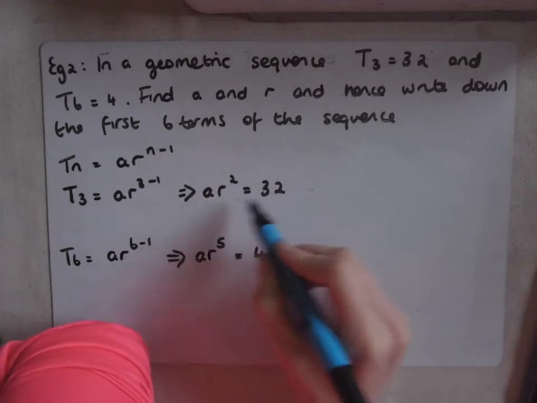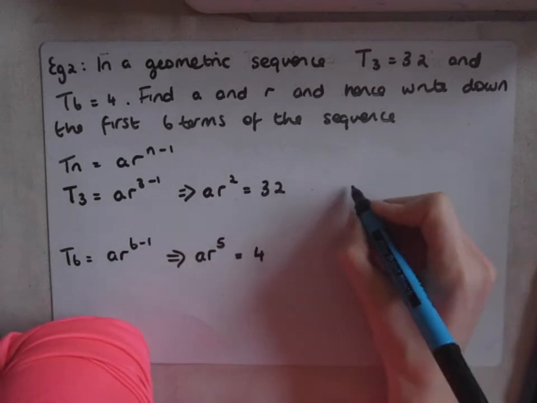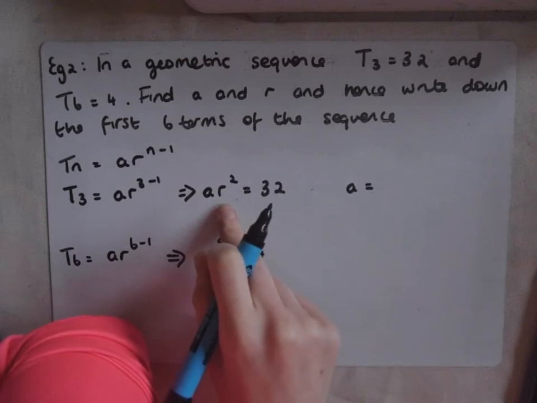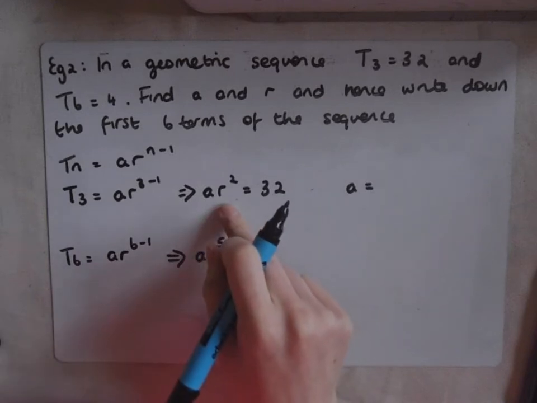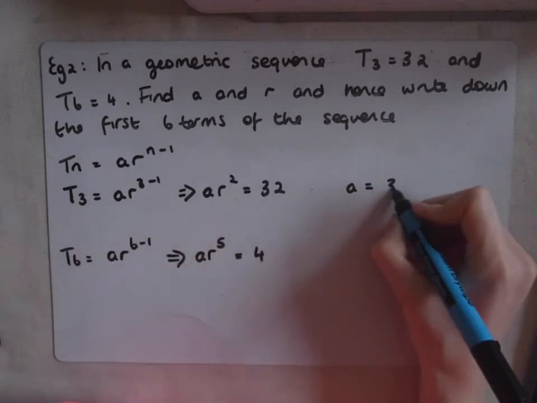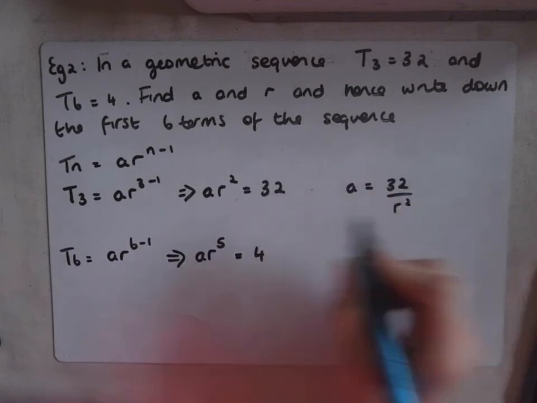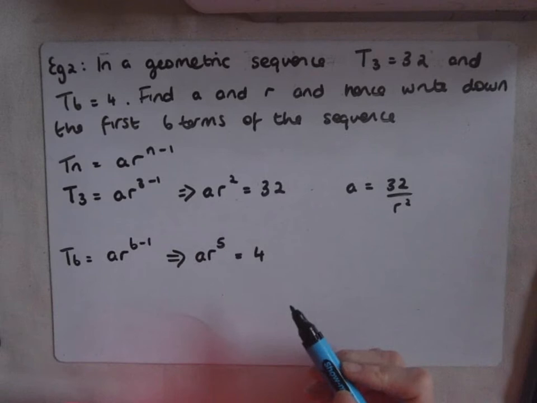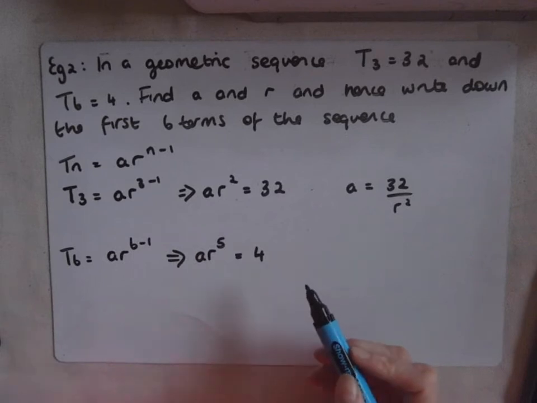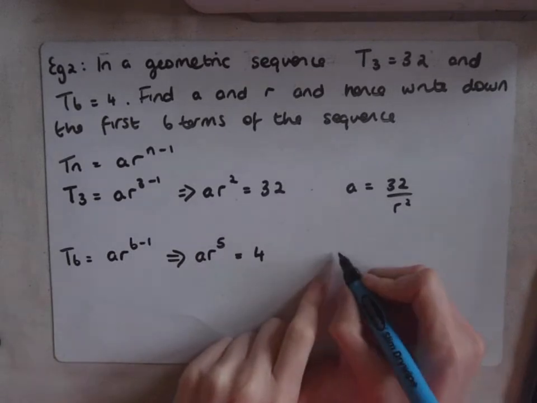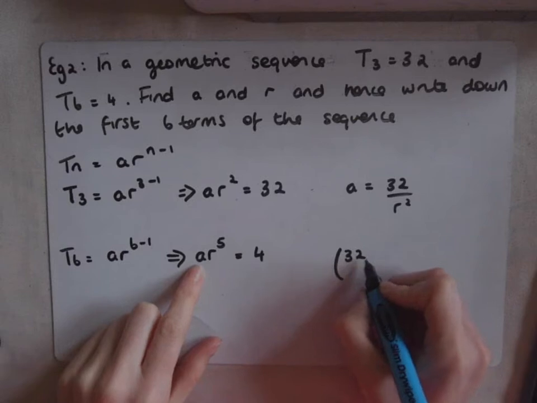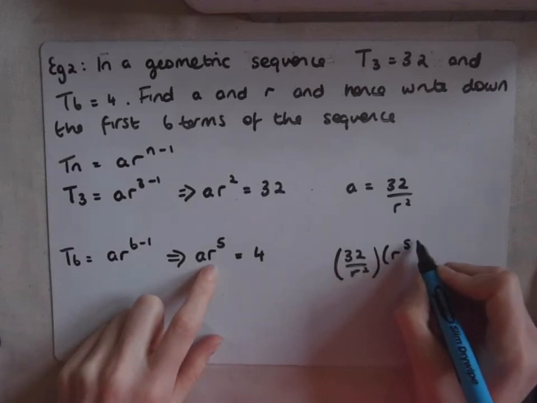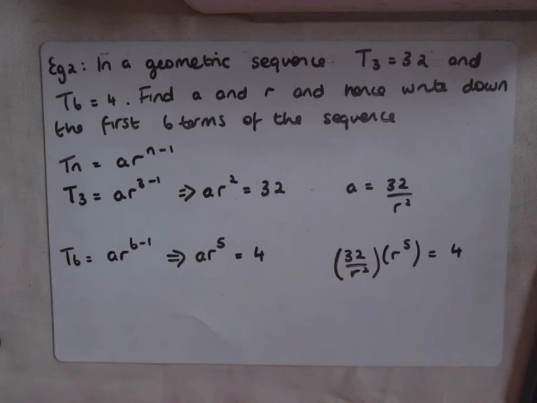So in this one, I'm going to get A on its own. Where would that r squared go? Yeah, underneath. It's at the top of this side, it goes to the bottom of the other. So A is 32 over r squared. So now, here, instead of A, I have 32 over r squared times r to the power of 5 is 4.